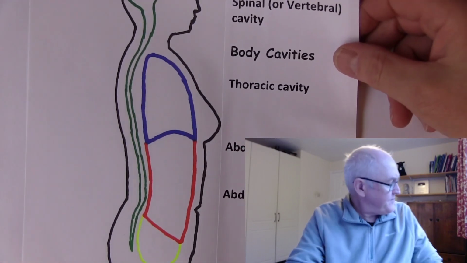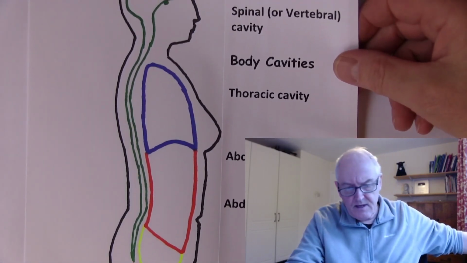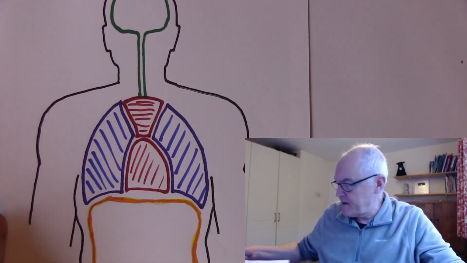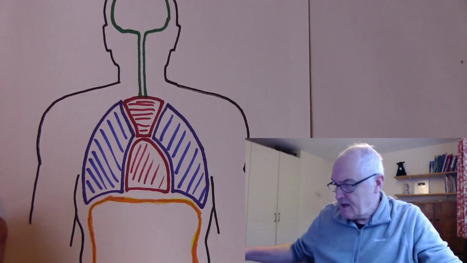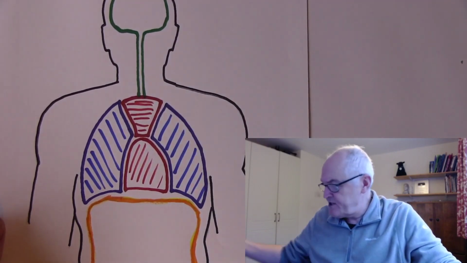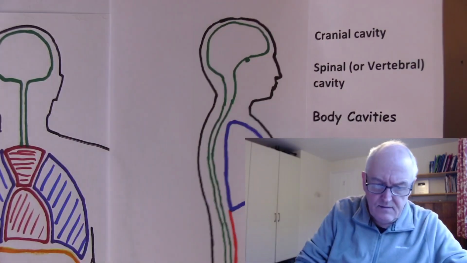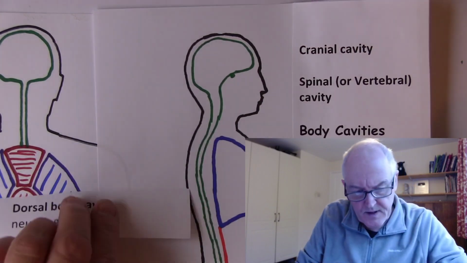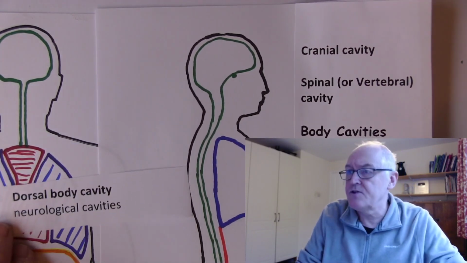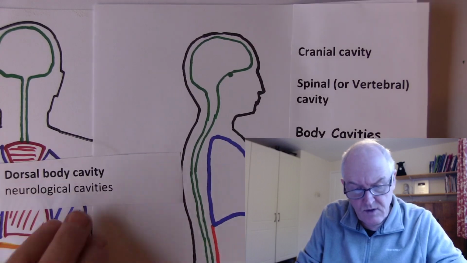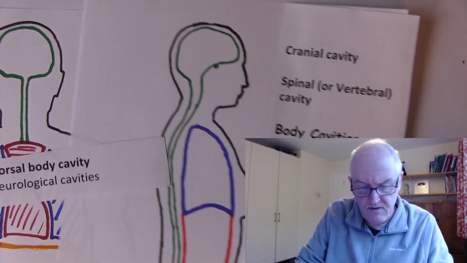Now, let's look at this from the front, from an anterior view. And I've started to hatch this one in already. Actually, I think just before we do that, we mentioned that at the back we had the dorsal cavities, which were the cranial cavity and the spinal cavity.